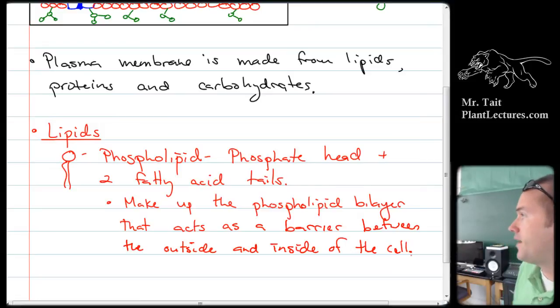And you may have read that the phospholipid bilayer, or maybe even the plasma membrane, is semi-permeable, meaning it's going to allow some stuff in and some stuff not to come in.